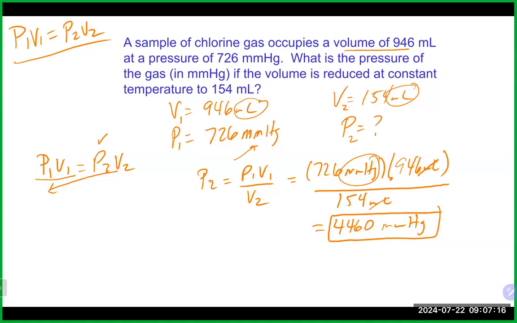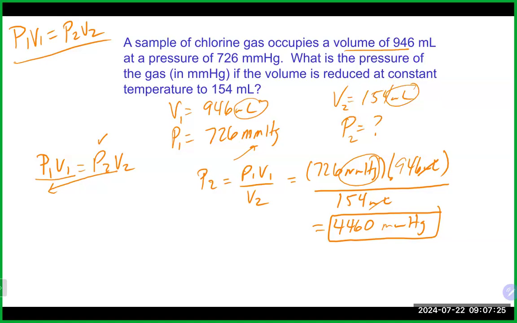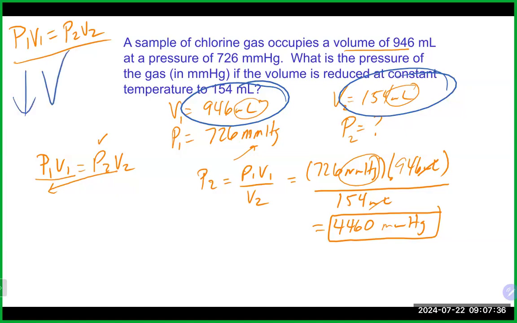Now, in addition, knowing the relationships that occur with these gas laws could also help you make sure that maybe you didn't mess up on the calculation. What we see here in terms of the volume is it went from 946 to 154. That means my volume decreased.